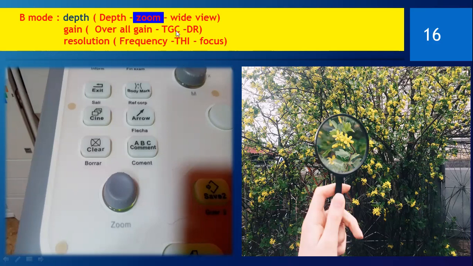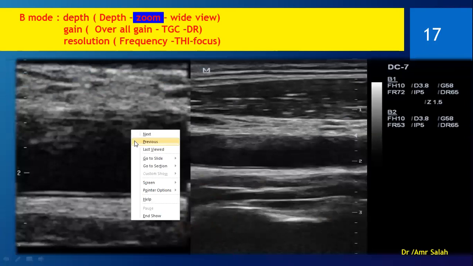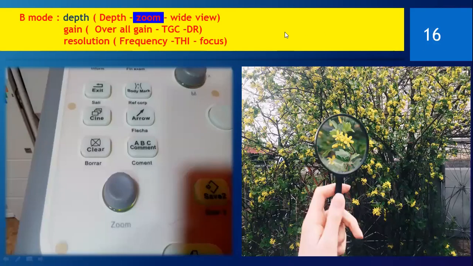Okay, now here is another thing related to the depth, but another function. Again, in the depth, what have we done? We have chosen the extent of our ultrasound waves to cover this area, or to extend deeper.